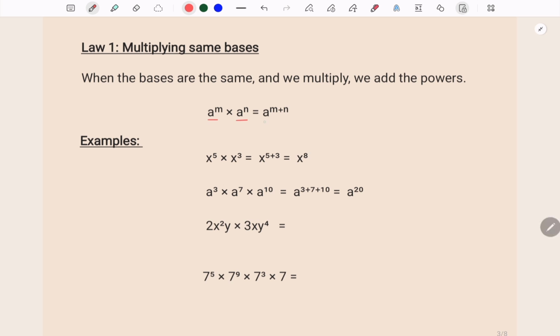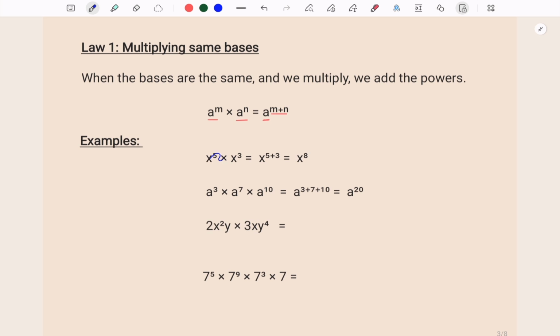So here I am keeping the base and then I have added the powers. So a raised to the power m multiplied by a raised to the power n will be equal to a raised to the power m plus n. We need to add the powers. Let's take few examples.